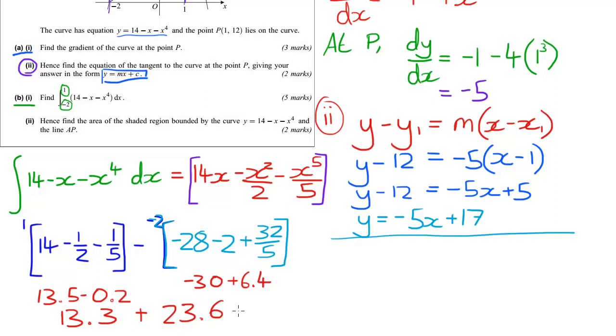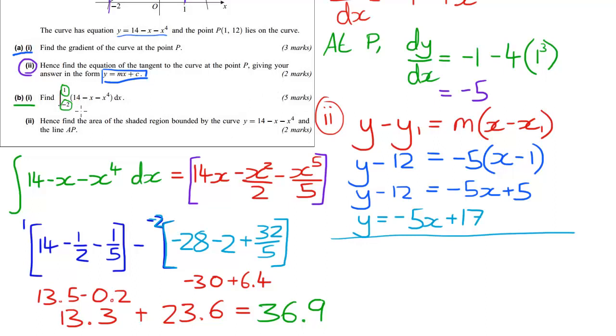I hope my mental maths is correct here, otherwise I shall look highly foolish. And then in green for the answer, what are we going to get? We are going to get 36.9. That is correct, I think. So 36.9 is our answer to this 5-mark question.